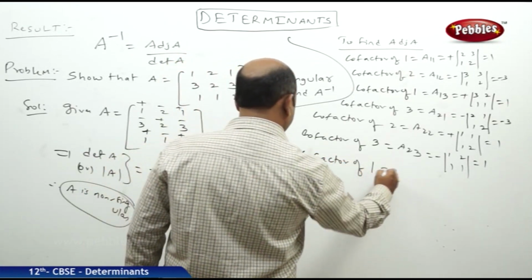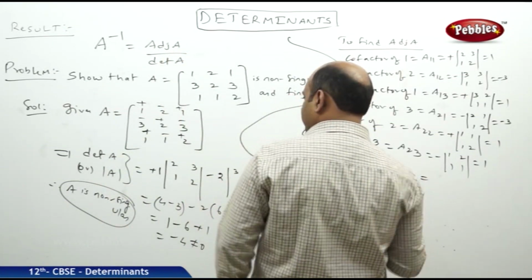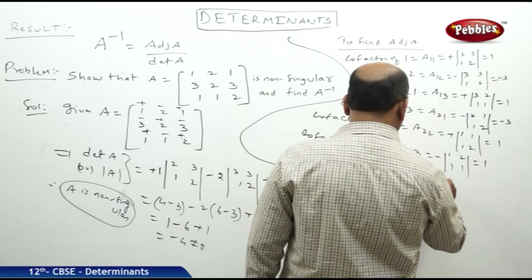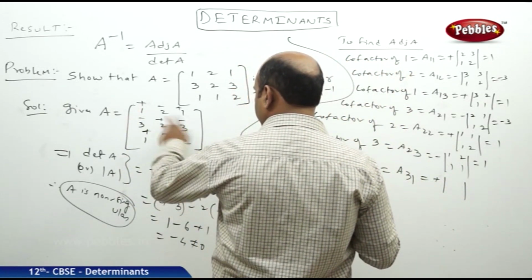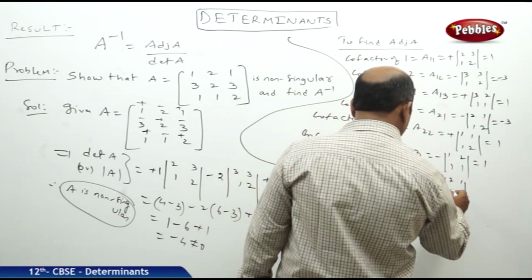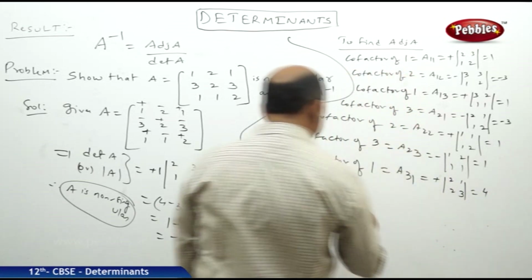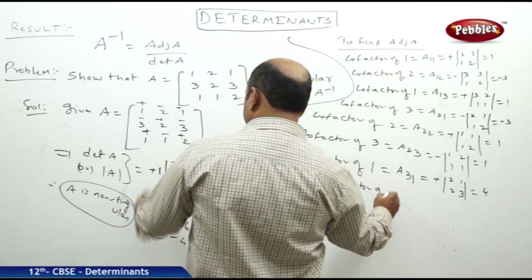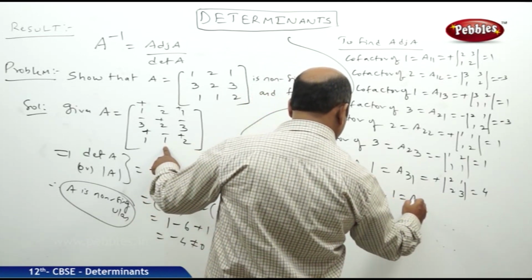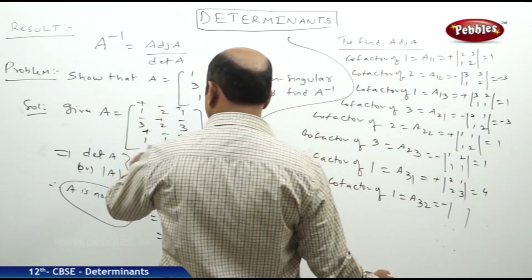Cofactor of 1 means A31. A31 is equal to plus into its minor. 2 1 2 3, that means 6 minus 2, it will be 4. And cofactor of 1, that is equal to A32, that is equal to minus into its minor.